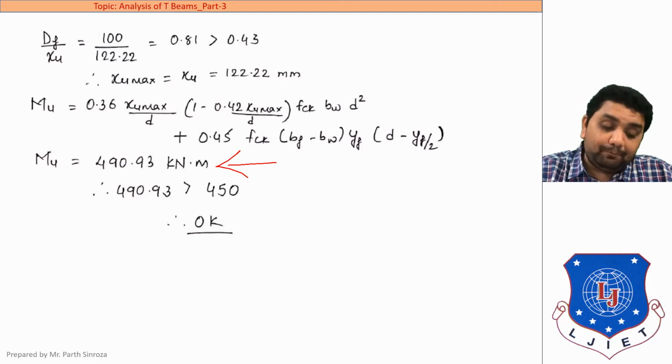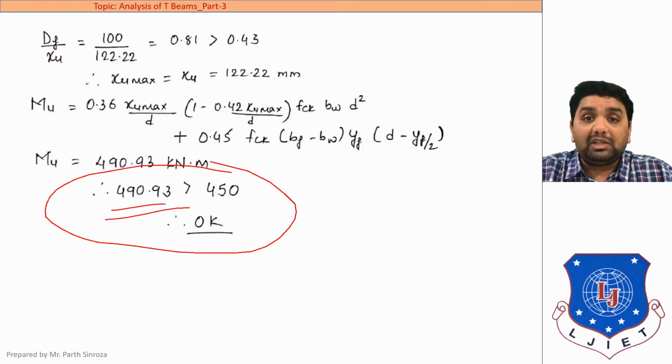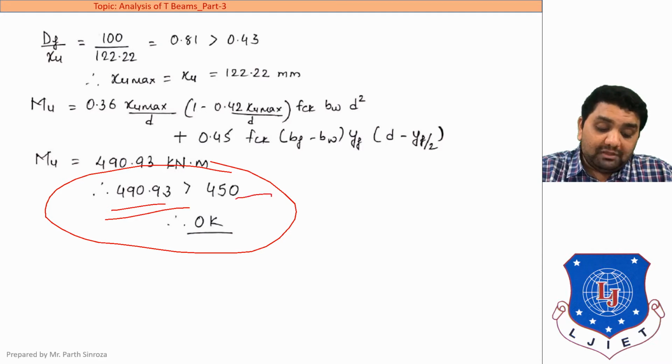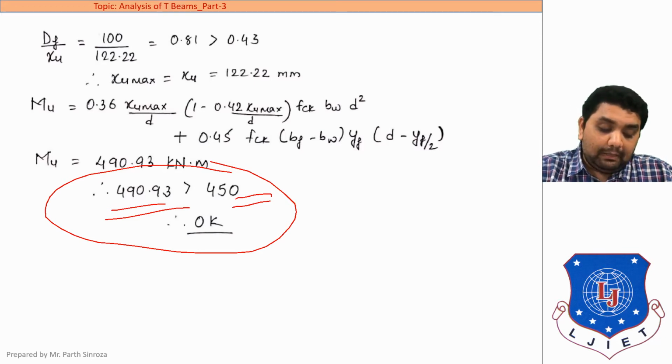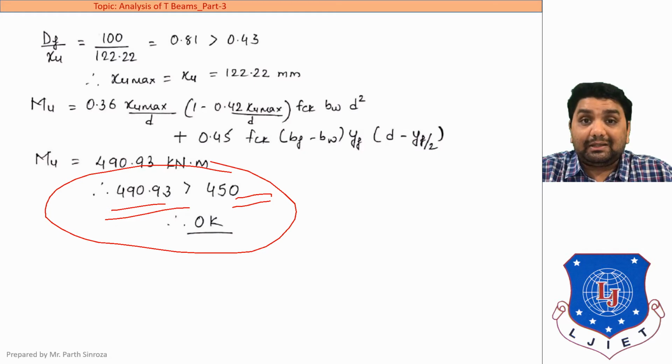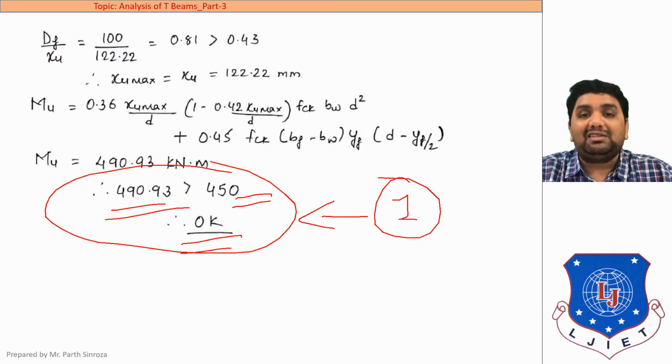So our sum should always complete by this statement: the Mu found by the equation must always be greater than what is given in the question. The value obtained by the final equation must always be greater than the value given in the question, and this carries 1 mark in your G2 examination.